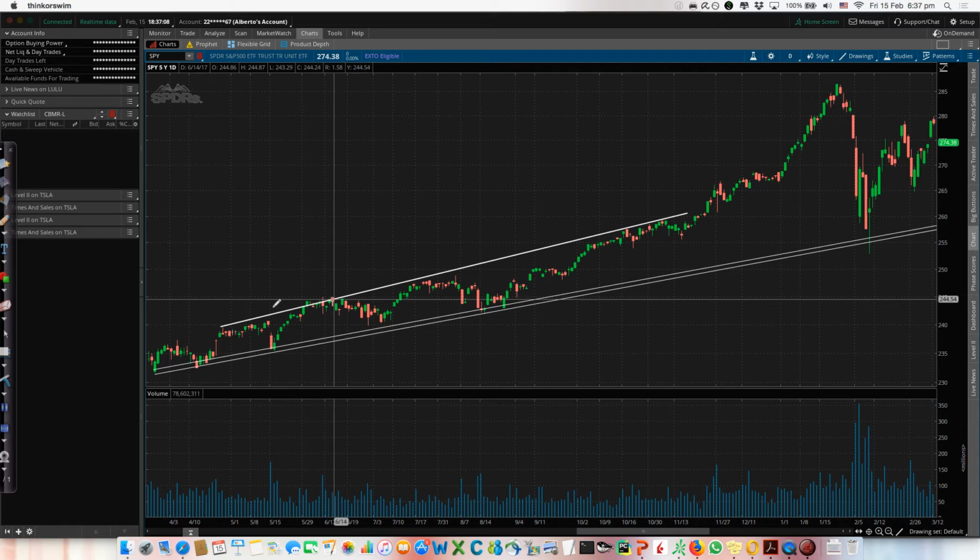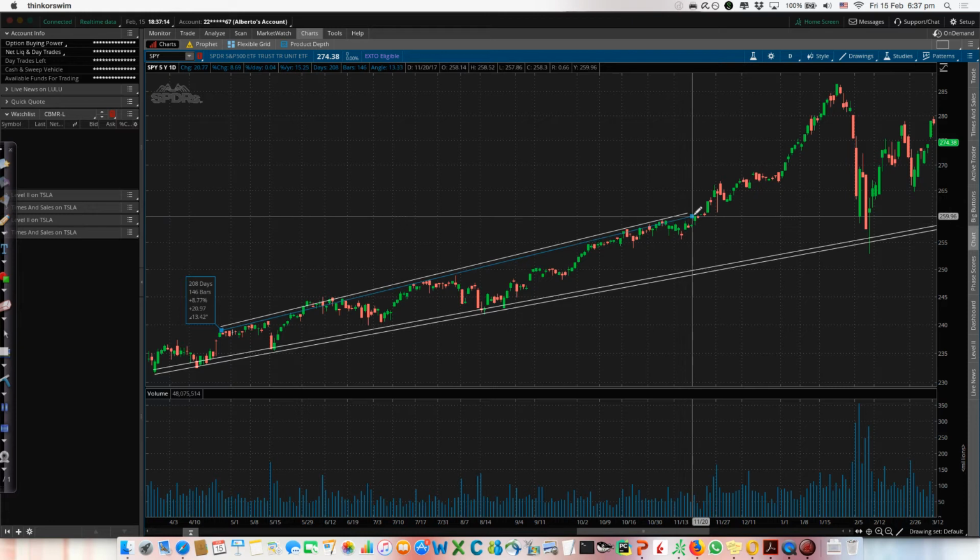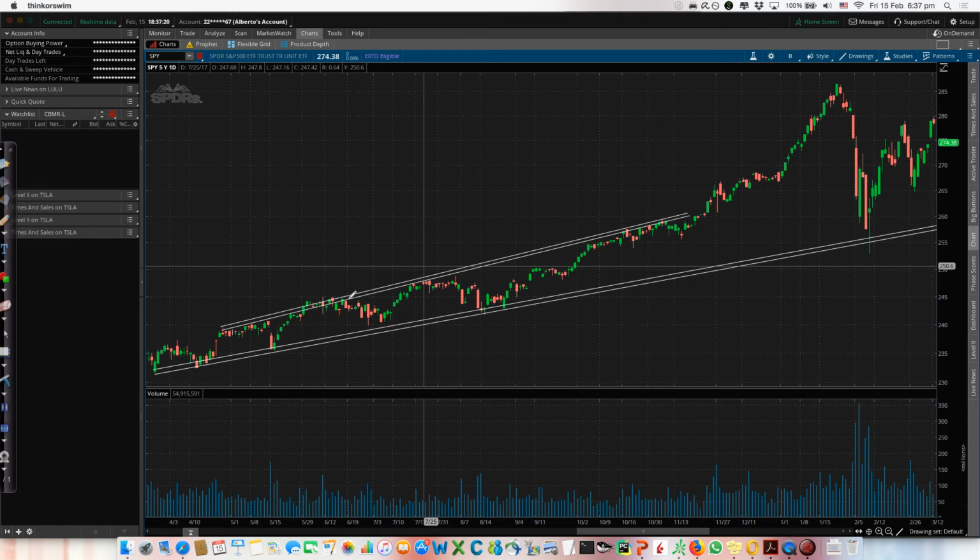Let me zoom in. Okay, maybe again, it's not really something that we can clearly define. It's more like an area. All right, so you see here we are hitting once, 2 times, again here, and then here.